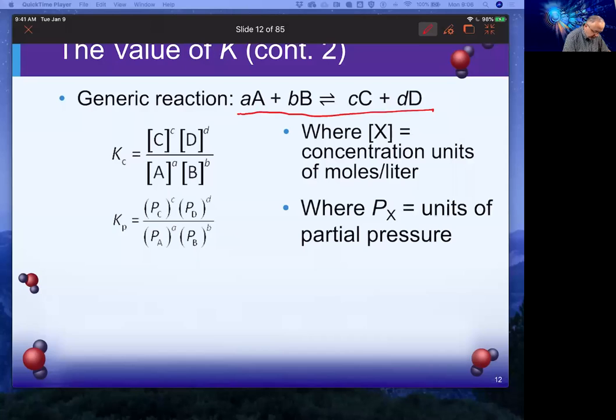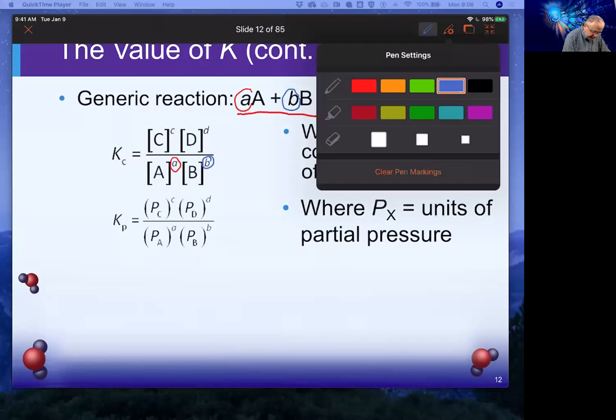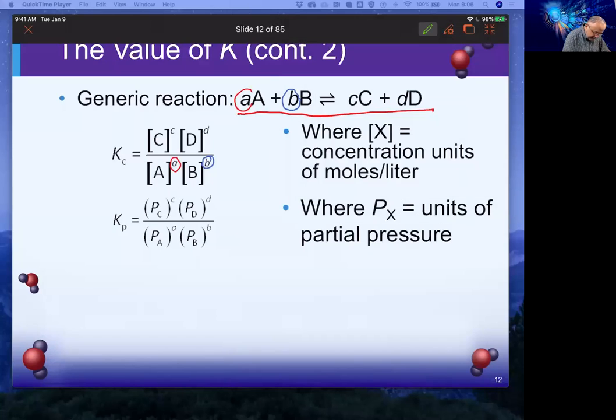So a, notice here, is the exponent of A, and b here is the exponent of B, and c becomes the exponent of C, and so on. Those exponents are important because they will make a big difference in your calculations if you forget to place them.